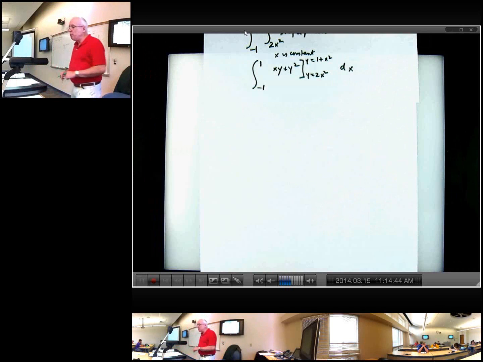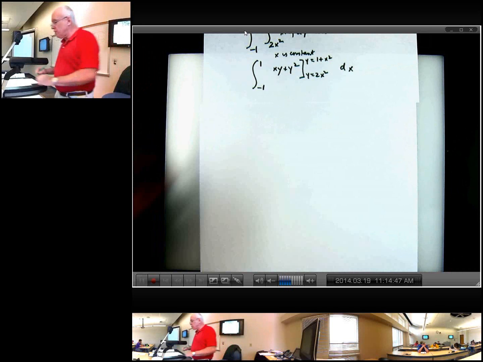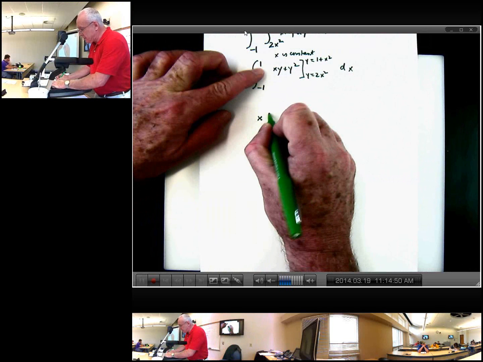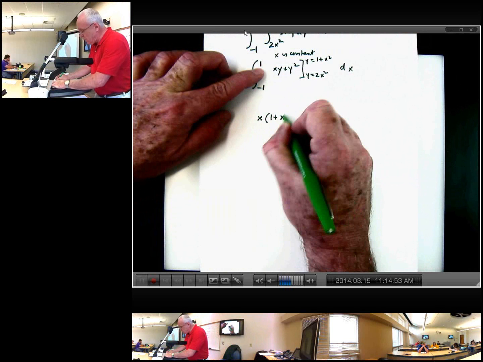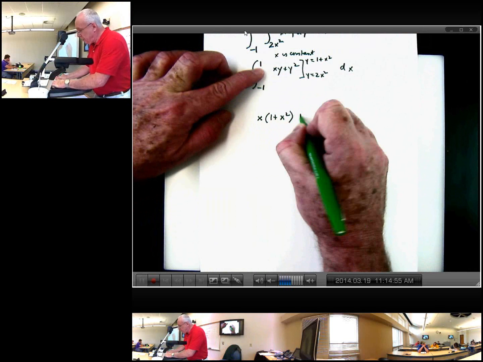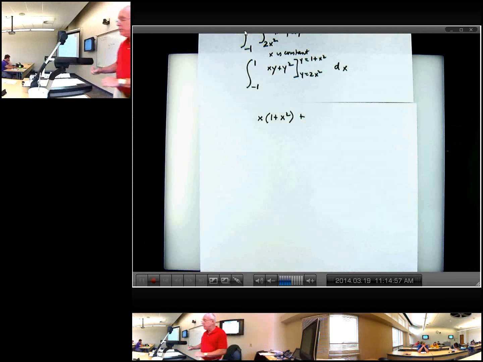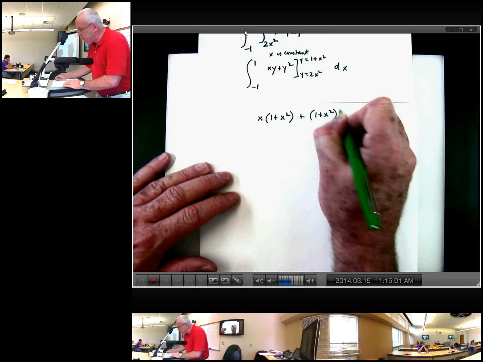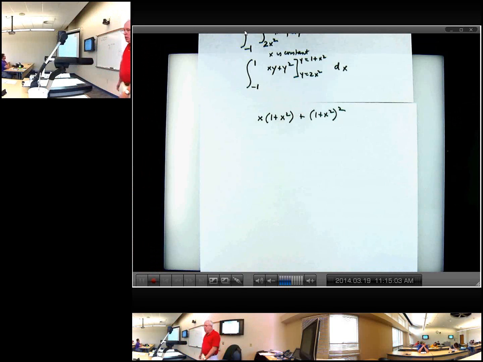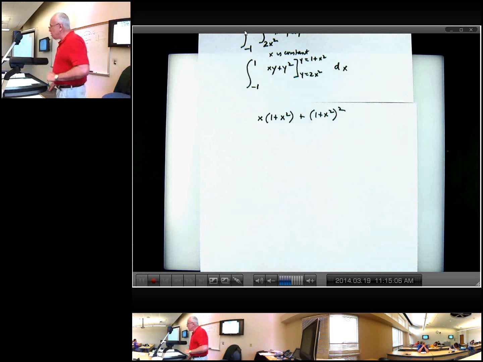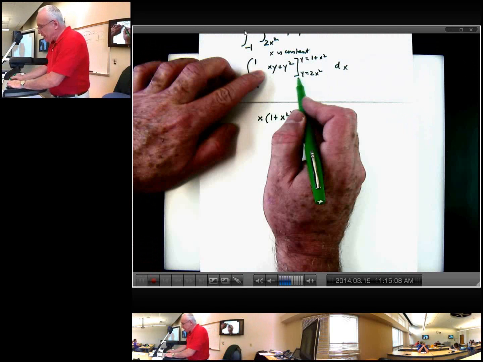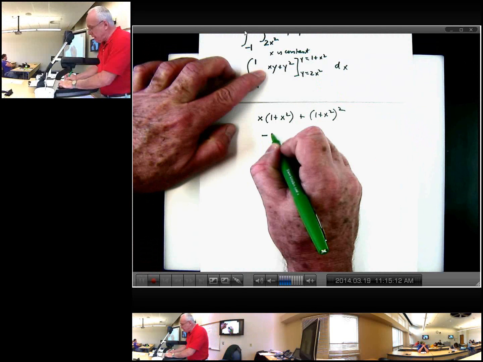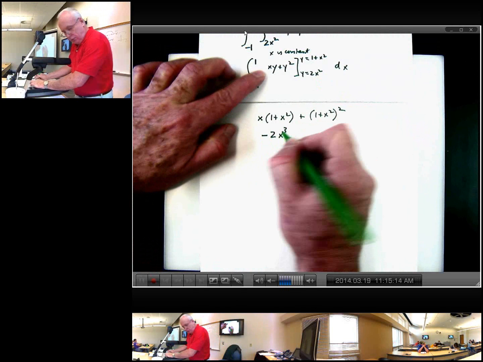Okay, so on the top one, I got to plug in 1 plus x squared for y. So that's going to give me what? xy is going to be x times 1 plus x squared, plus, and then I have y squared, so that's going to be 1 plus x squared in parentheses squared. All right, then I have to subtract off the bottom one. That's x times y, but I plug in 2x squared for y, so that's minus 2x to the third when I do that.